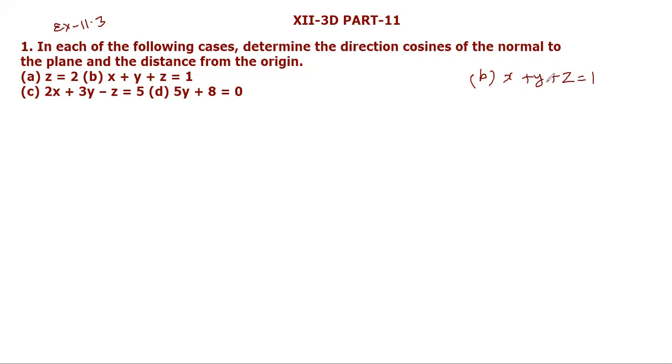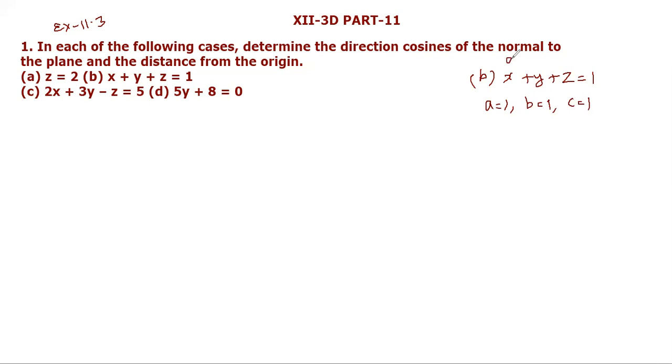So this is ax plus by plus cz is equal to 1. If we divide by under root a square plus b square plus c square, because here a is 1, b is equal to 1, c is also equal to 1.